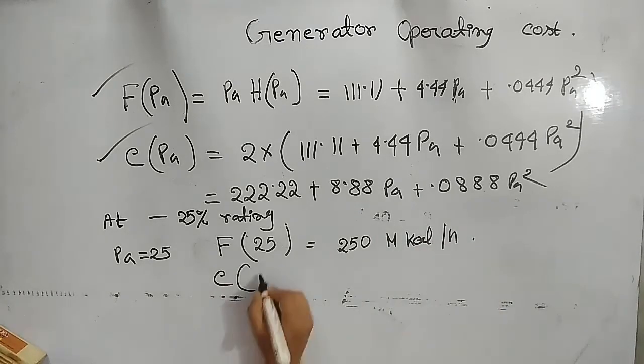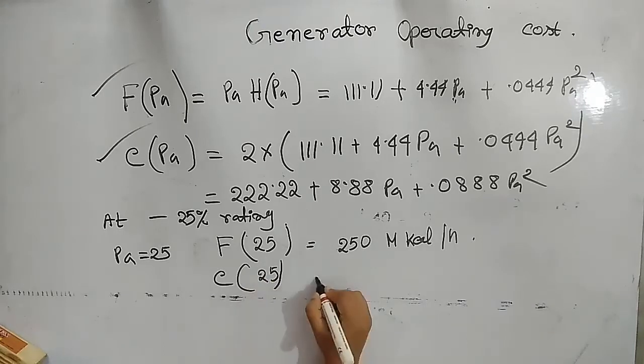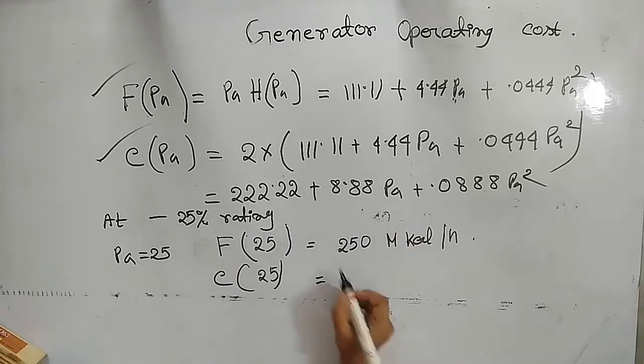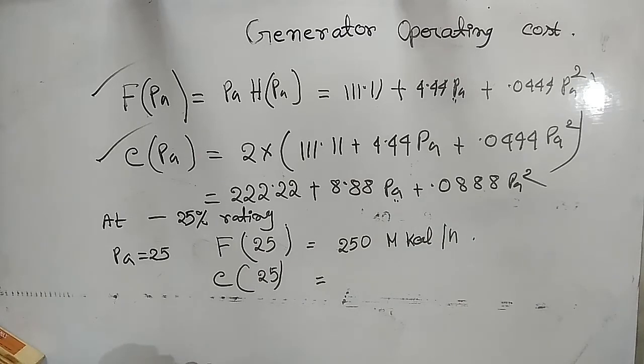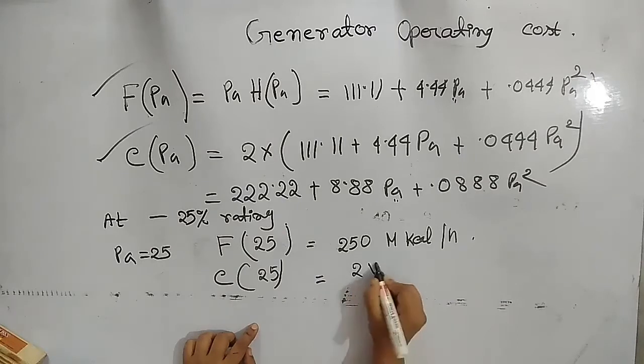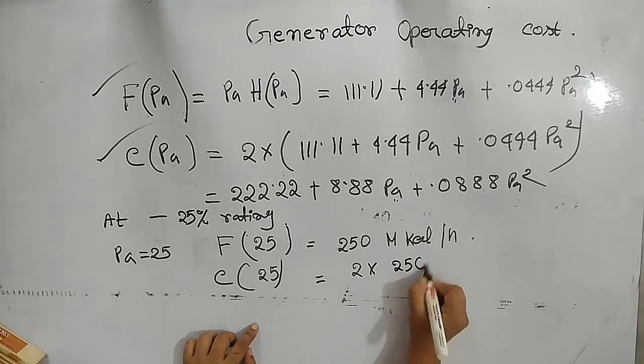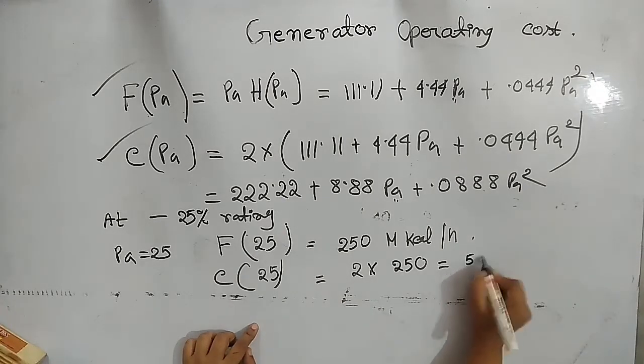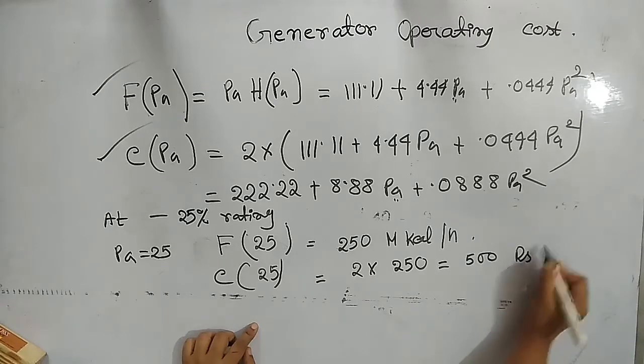And total fuel cost, you can just multiply this input fuel by 2, because the cost of fuel is rupees 2 per mega kilocalorie. So C, total fuel cost, is equal to 2 into 250, that is 500 rupees per hour.